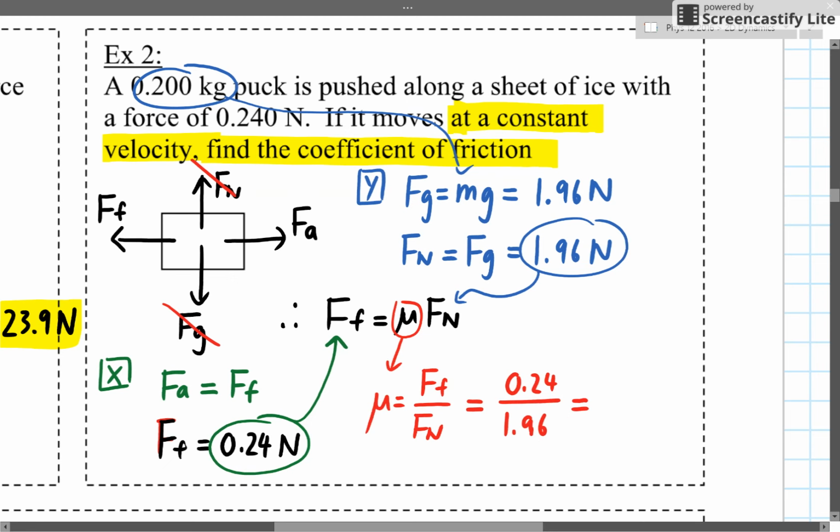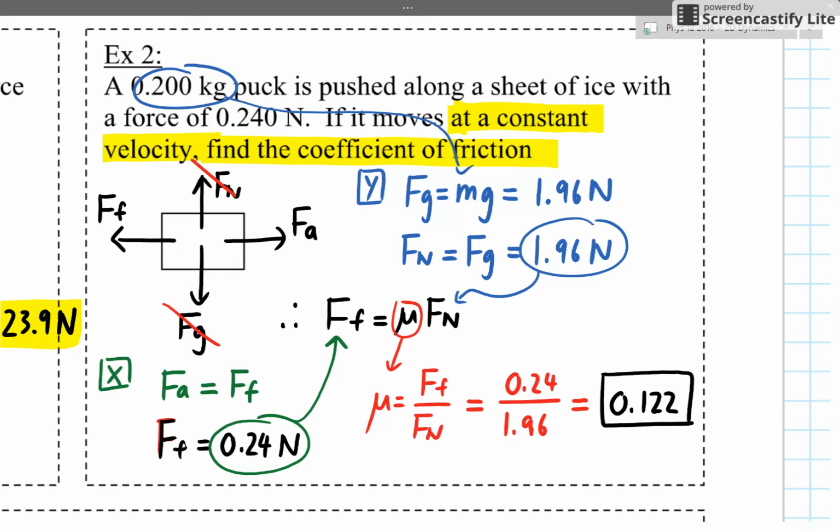And ladies and gentlemen, we are now done with this question. So there you go, 0.122, that is the coefficient of friction on this ice and puck interface. So one side is ice, the other side is the hockey puck. Okay, so this question is now complete.